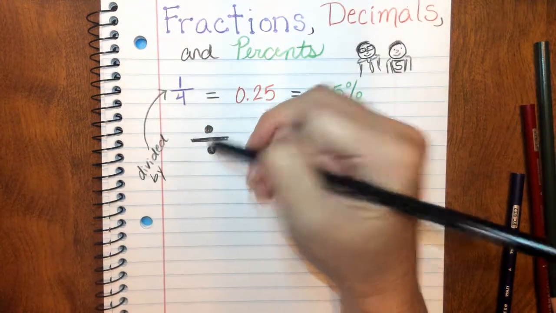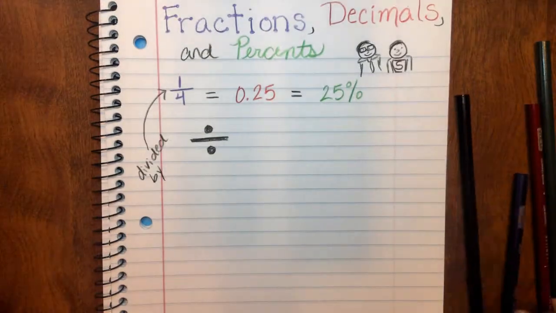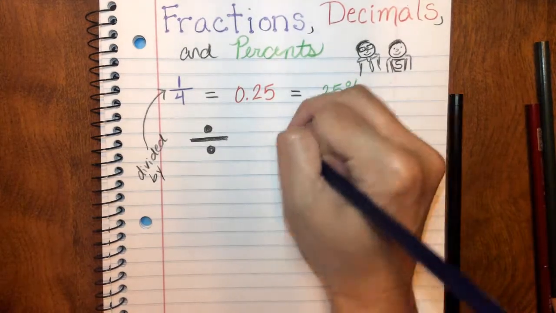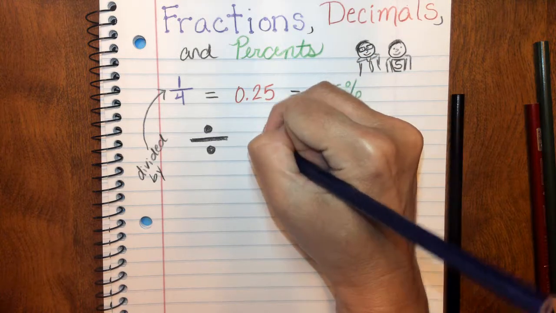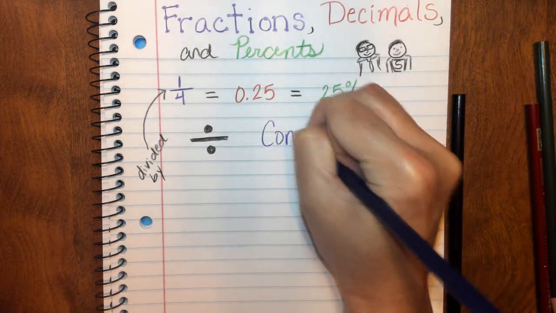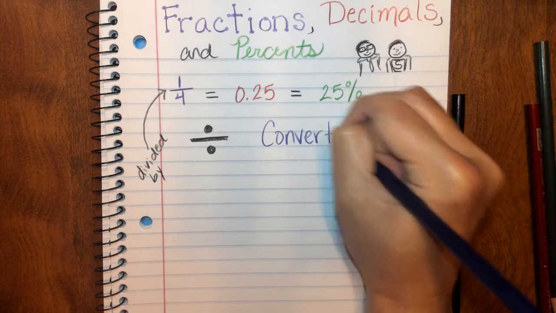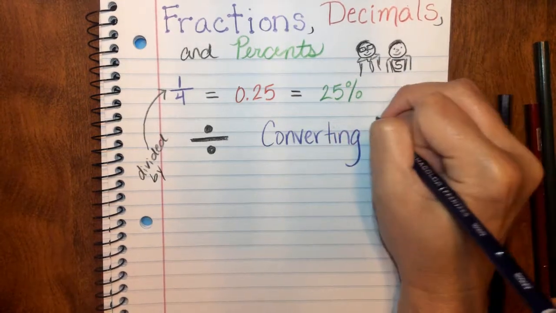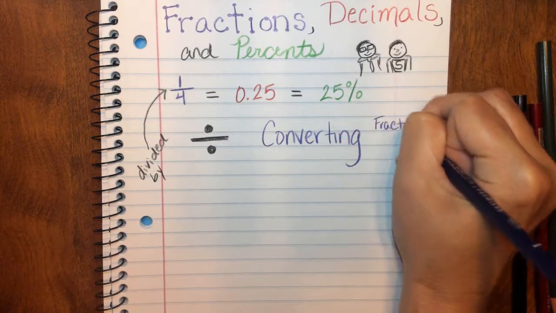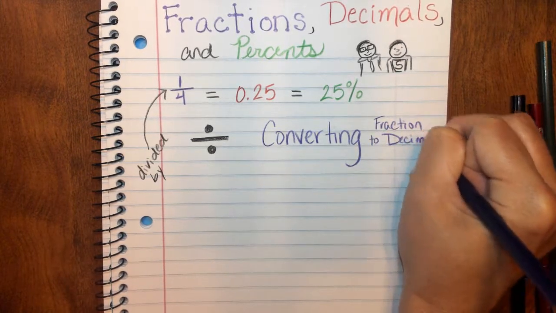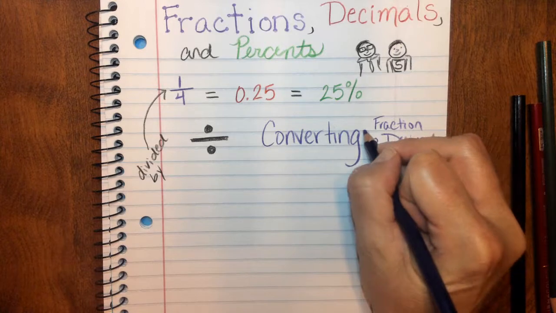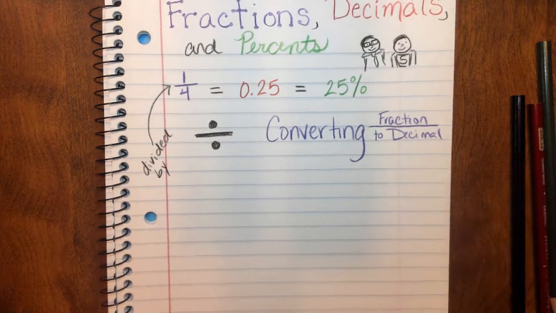So 1/4 is 1 divided by 4. So this part is converting fraction to decimal.